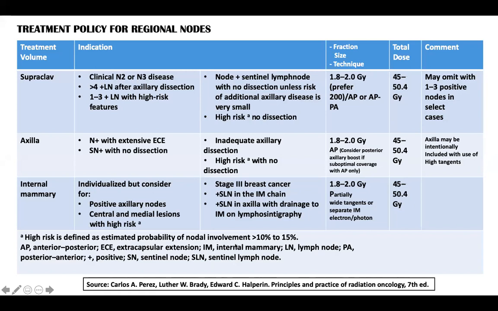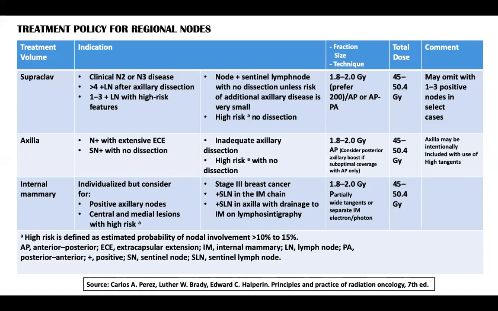So this whole chart is taken from Perez. It is in the textbook. So the indications, like Dr. Indira explained, for axilla would be inadequate axillary dissection. Essentially, axilla should be treated by one modality. Radiation is not exactly an alternative for axillary nodal dissection.